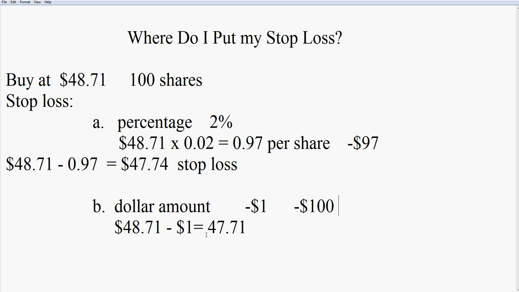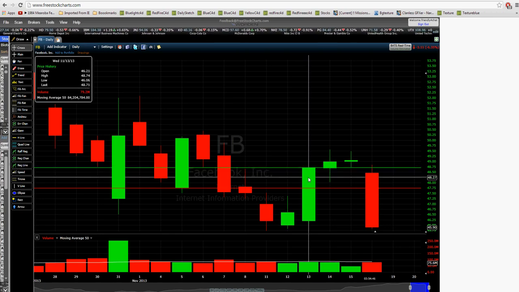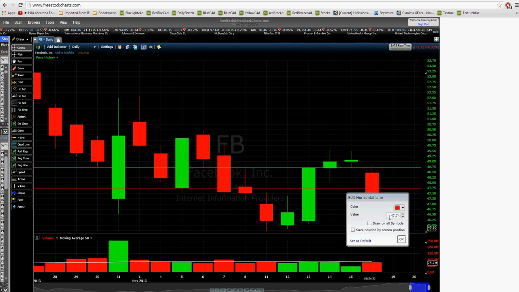It means you will lose in general $100 for this trade. So 48, this is what you bought, $48.71 minus $1, you will have $47.71. Okay, because you are losing $1 in this trade.